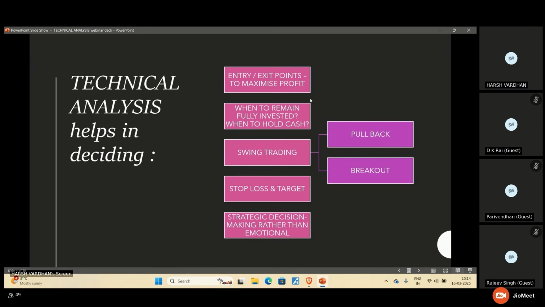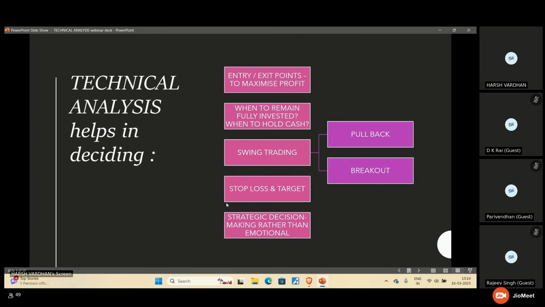So a pullback is when you buy a stock at the low and then sell it at the high. While a breakout is whenever a stock crosses a previous resistance zone, then you plan an entry. But for me, pullback always works better than breakout, because many times breakouts are false. We will learn about it in detail. I'm just touching upon it.